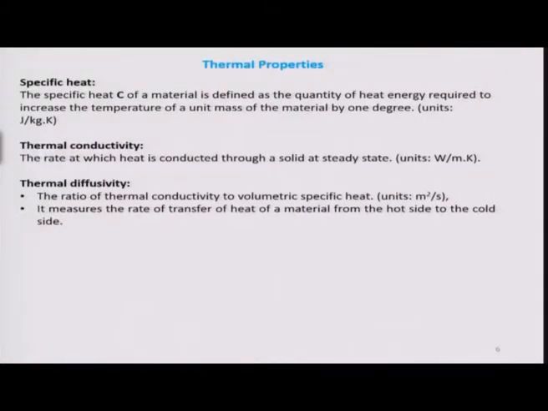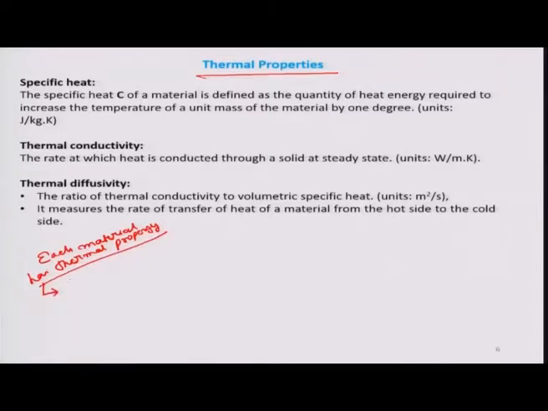Now we will talk about thermal property. Each material has thermal property. What is the thermal property?